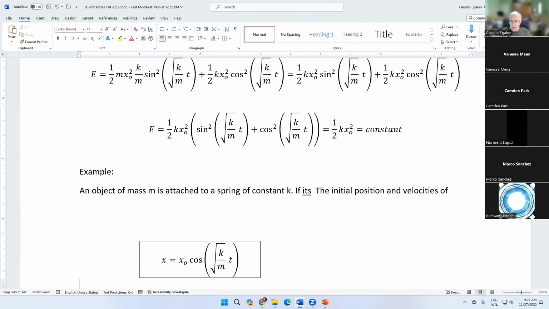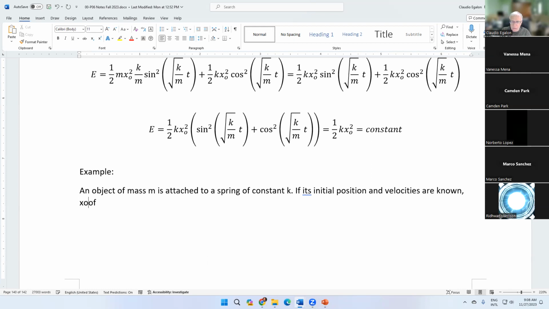If its initial position and velocity are known, x naught and v naught, find the particle's velocity at the position of equilibrium.